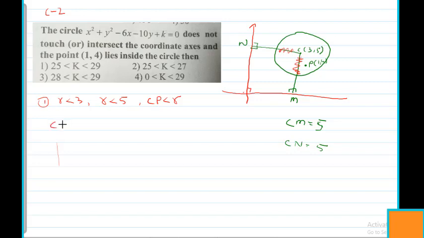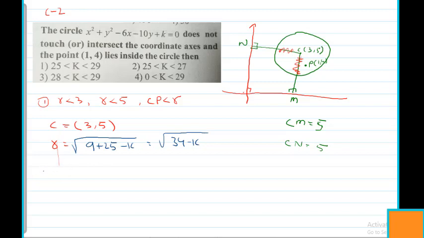First of all, I want the center here. The center is nothing but (3, 5). The radius is nothing but root over g square plus f square minus c, and c is k here. So that is root over 34 minus k.